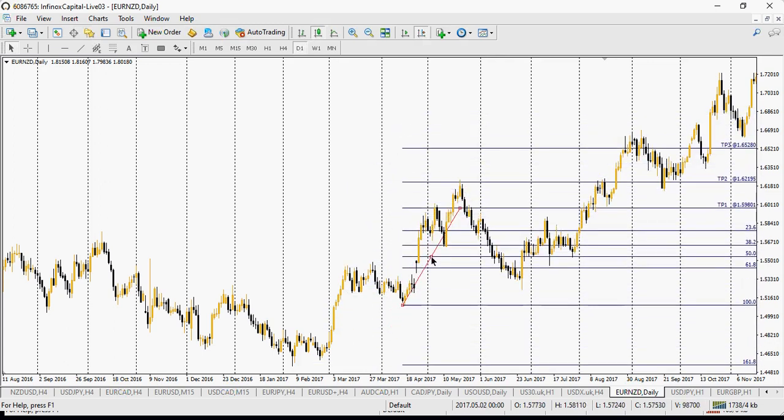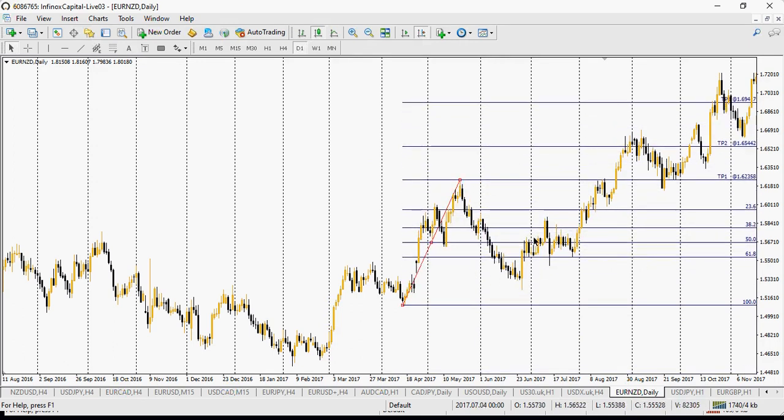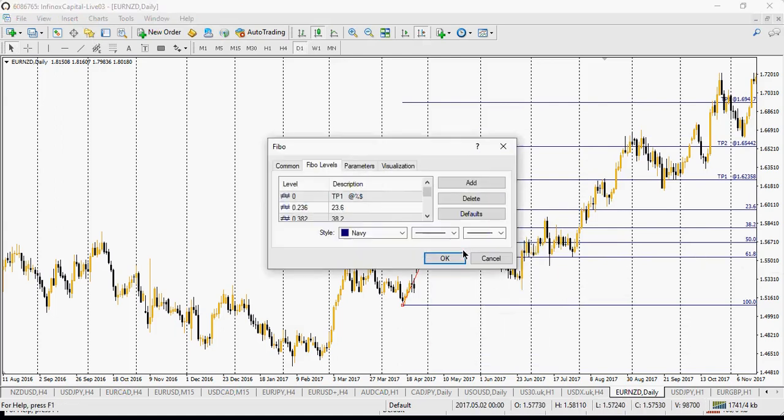This wave right here from here up to this point. Market came below 61.8. I'm sure it touched one other level that I always use.